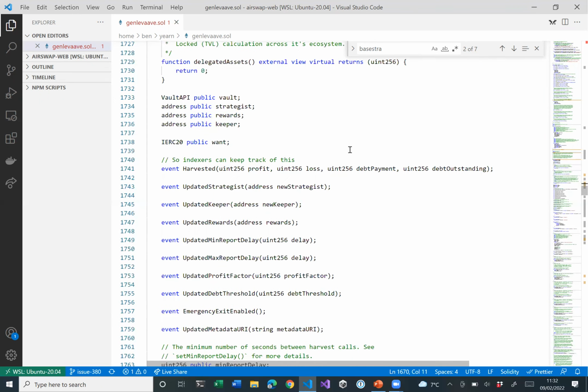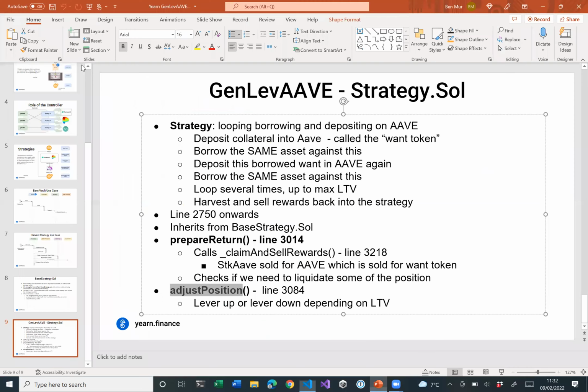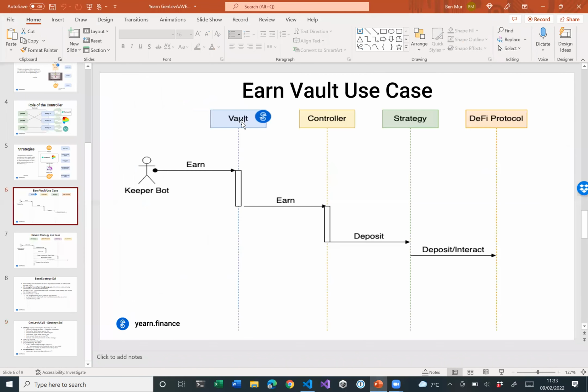So there's a few different actors, obviously, that are involved in here. You've got the vault itself, the strategists, the rewards, and the keeper. Not totally sure what the keeper does, but I think on this slide, which is from Yearn themselves, you can see that the strategist calls harvest. That's the keeper. Yeah, keeper bot is calling earn in the vault.